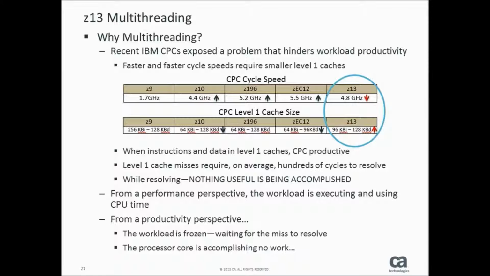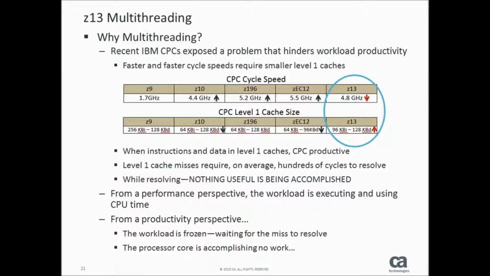And there are very smart scientists working at IBM, and they've figured out that this seems to be the optimum cycle rate and cache size to accommodate 2 workloads sharing the same level 1 caches. So that's kind of why this multi-threading has happened, in a nutshell.